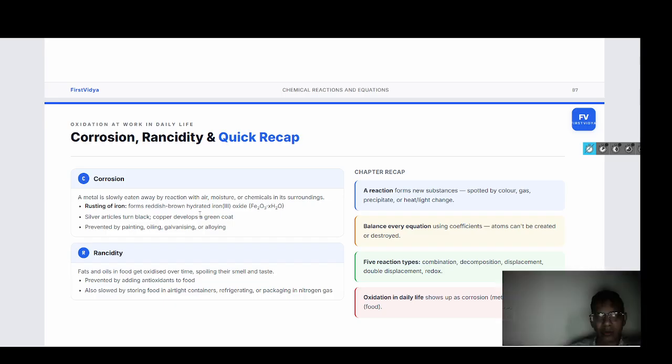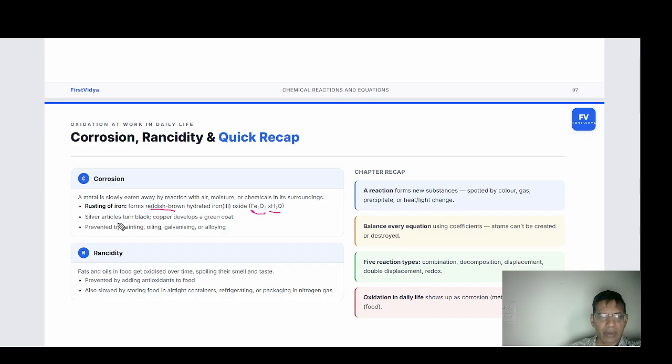It forms reddish brown hydrated iron oxide, Fe2O3.xH2O. Water is also there, you can see here. So this is a new compound, Fe2O3.xH2O, the rust, and it is reddish brown in color, right?